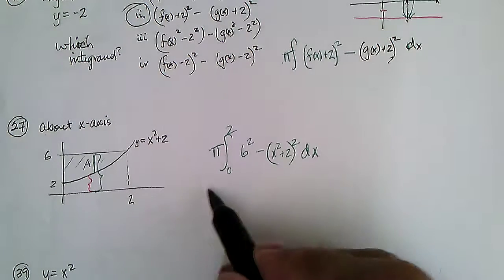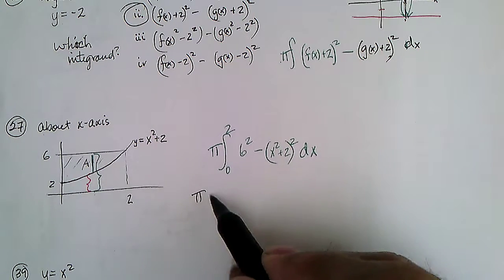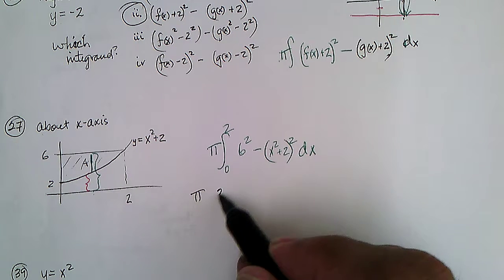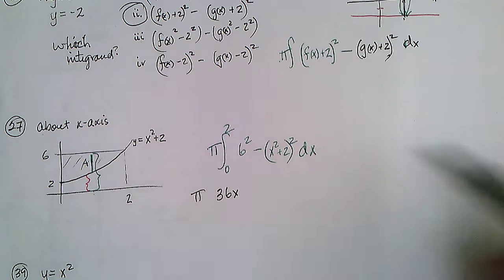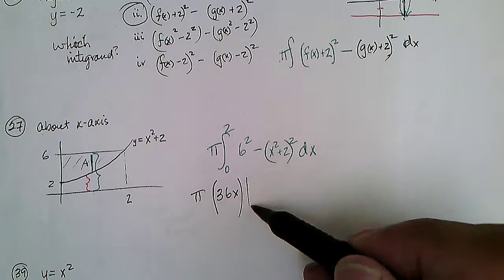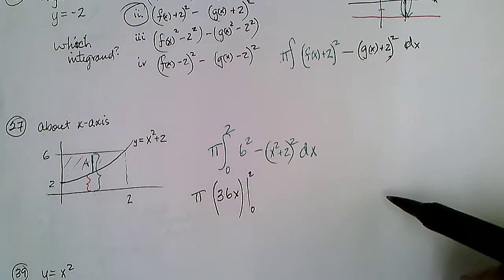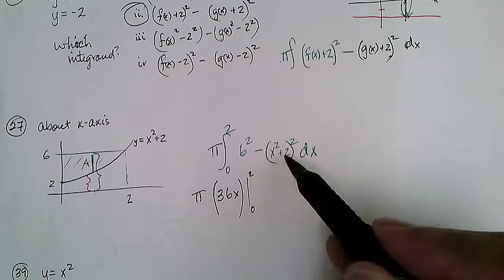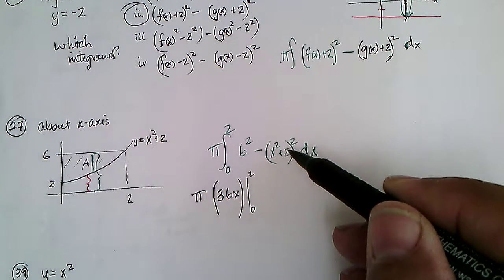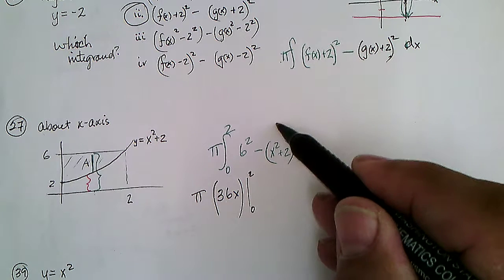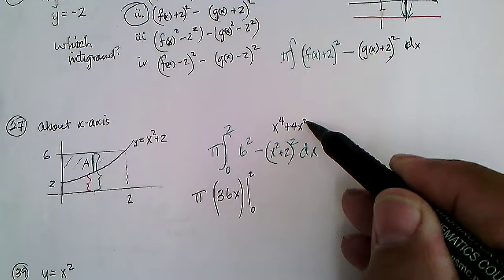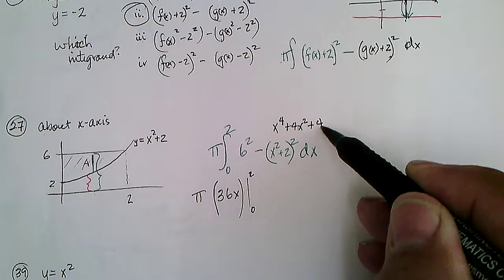So we've got pi 6 squared is 36. Integrated is 36x from 0 to 2. And then this is no good use substitution here, so we'll just multiply this out. That would be x to the 4th plus 4x squared plus 4.